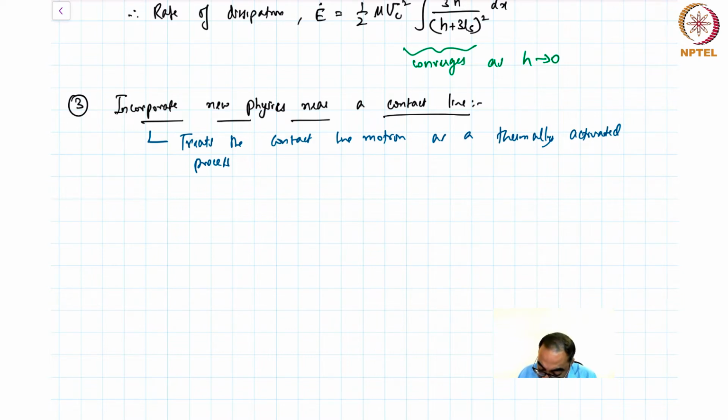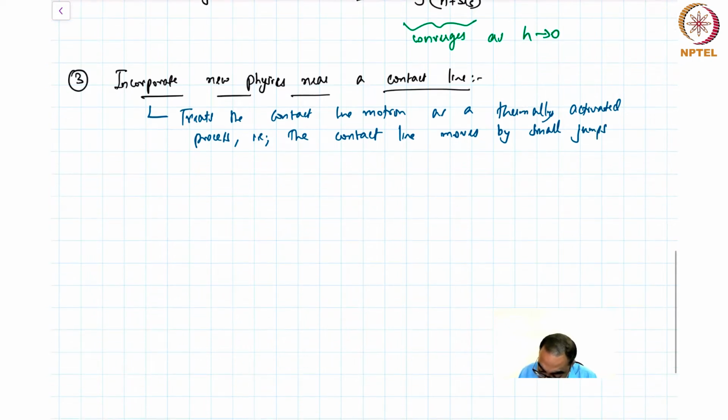So let me just write down what I just said. This model treats the contact line motion as a thermally activated process. The contact line moves by small jumps due to thermal fluctuations.